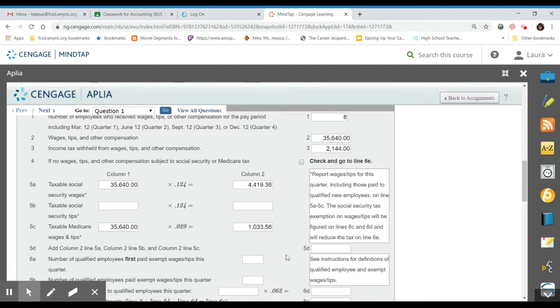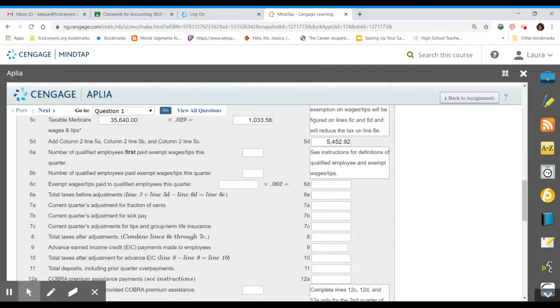The next step, for 5D, it says to add column 2, lines 5A, 5B. So we're going to add these two numbers together, the 4,419.36 and the 1,033.56, to get line 5D. When you add those together, we should get $5,452.92. The next thing, number of qualified employees, first paid exempt wages, tips this quarter. All of these are basically zero.